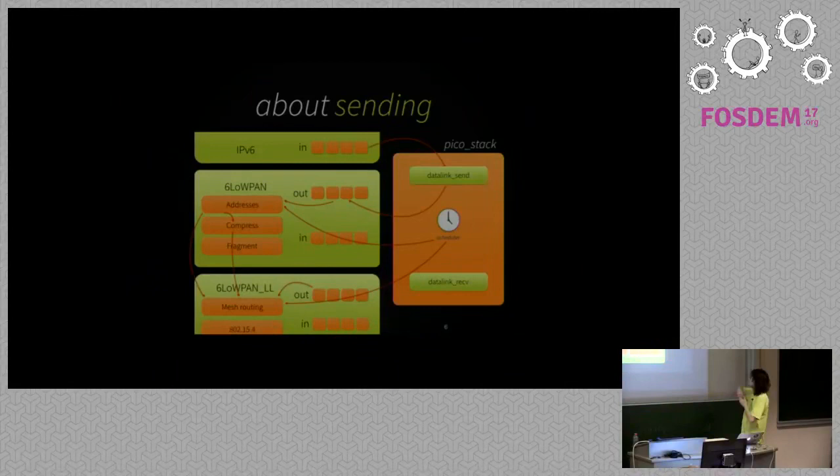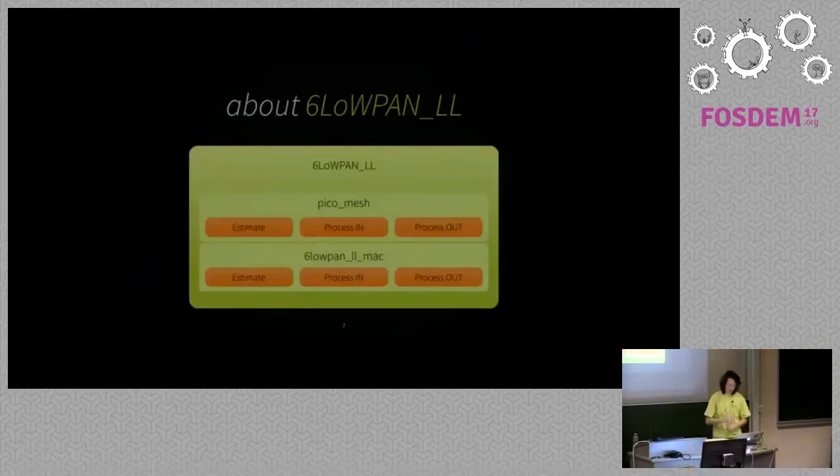The 6LoWPAN link layer itself is based on extensions. We have several extensions that we can add and remove from the link layer. Two are currently installed: picoMesh, which I'm working on now, and 6LoWPAN link layer MAC.